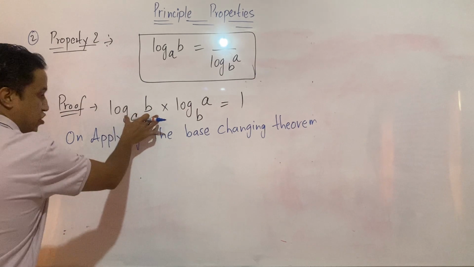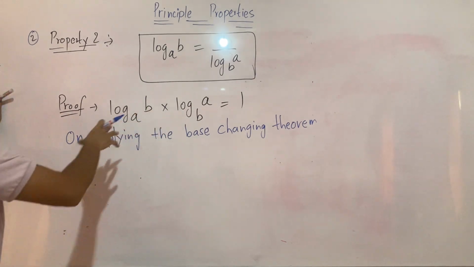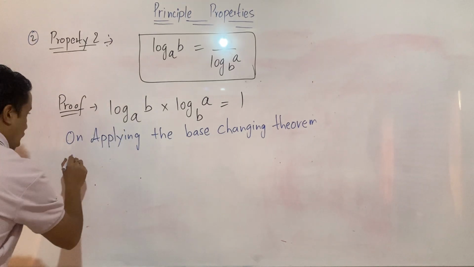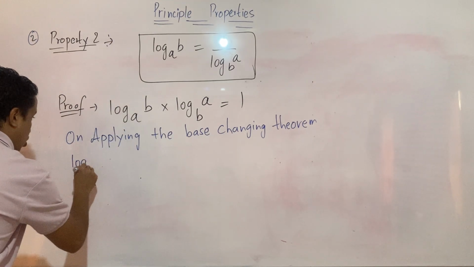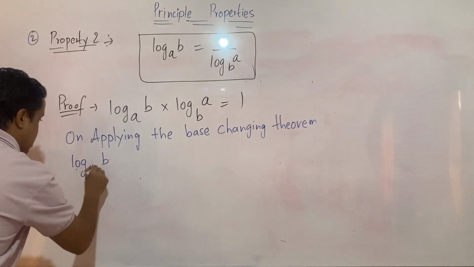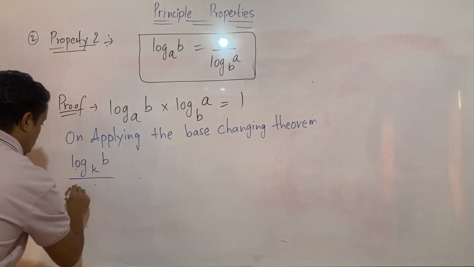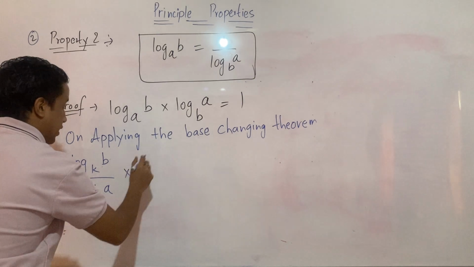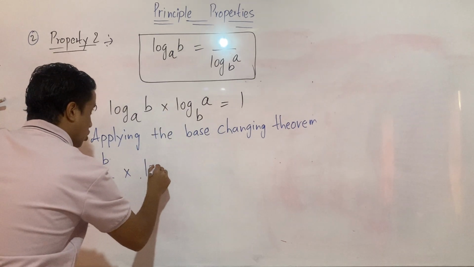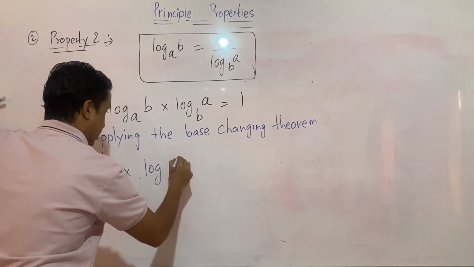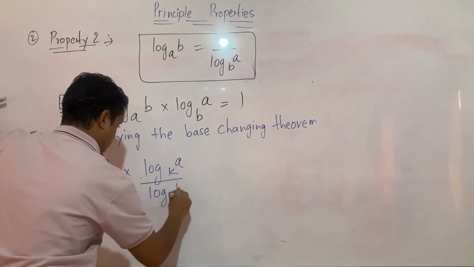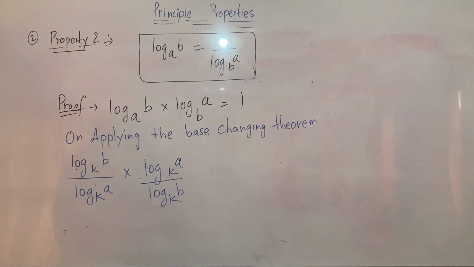If you apply this BCT, base changing theorem, on the left hand side, it's going to be log of b to the base k by log of a to the base k multiply by log of a to the base k divided by log of b to the base k, right?